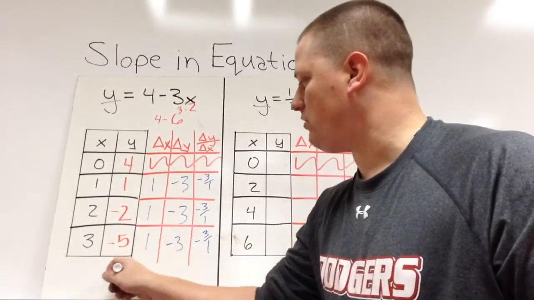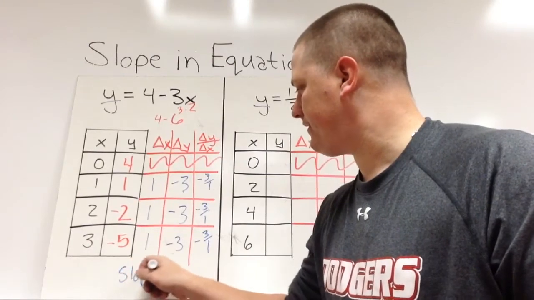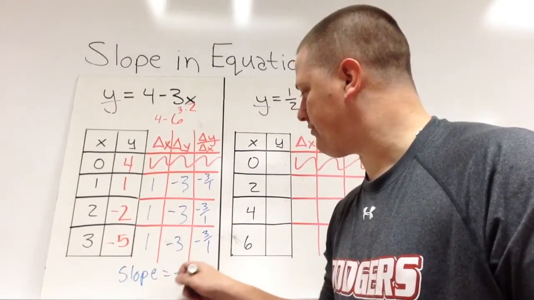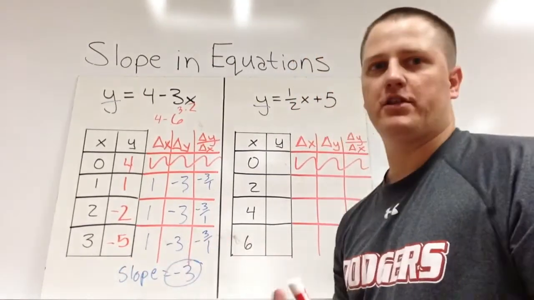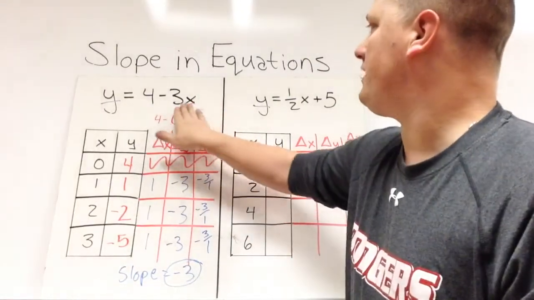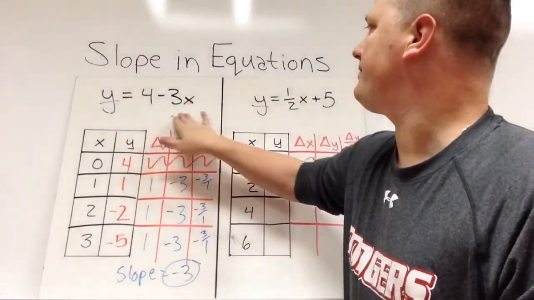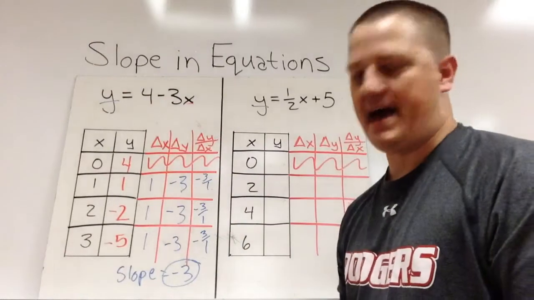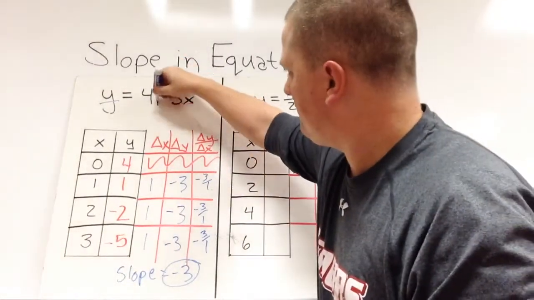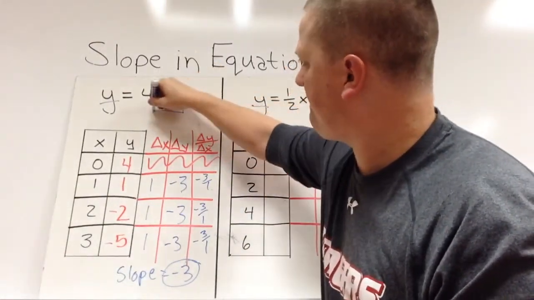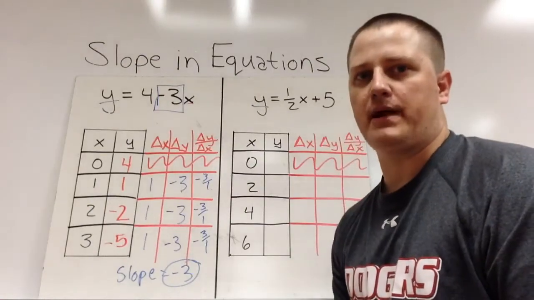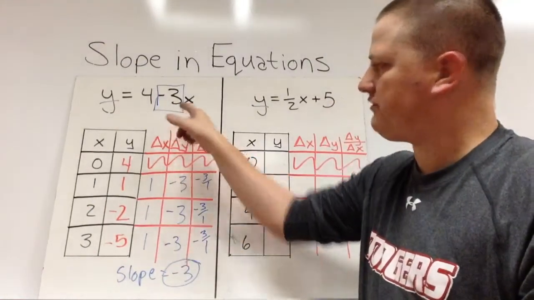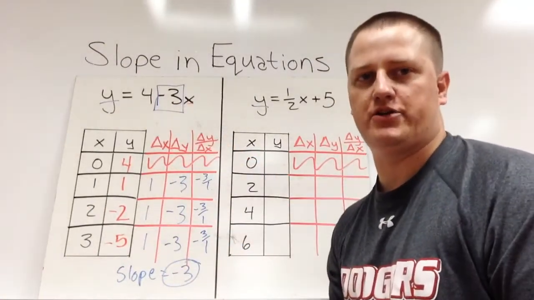So I've got a slope equals negative 3. Now if you look closely at our original equation, right next to x is negative 3. So our slope was actually already in the equation.